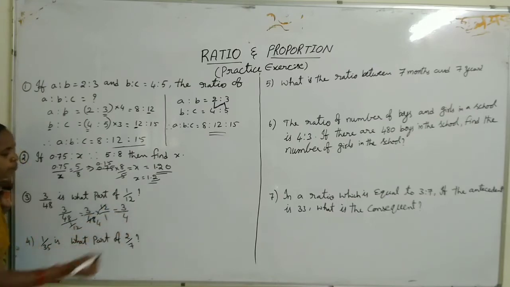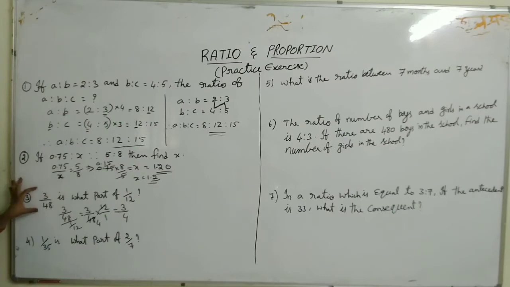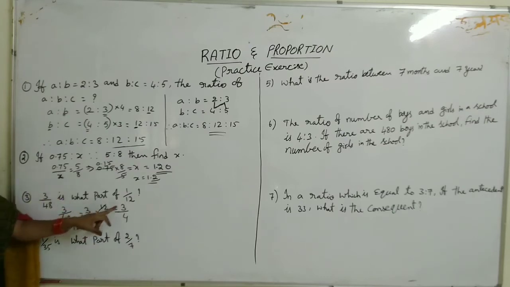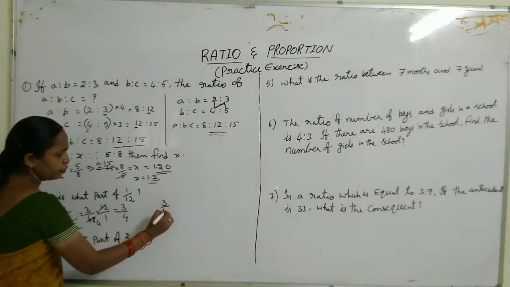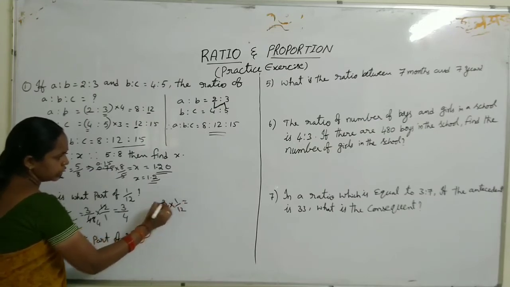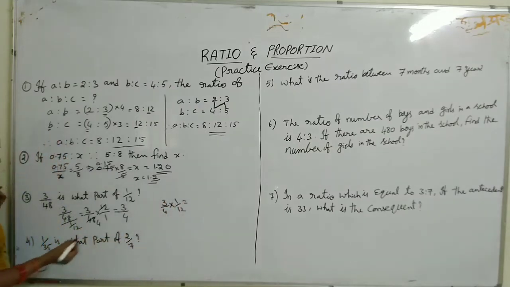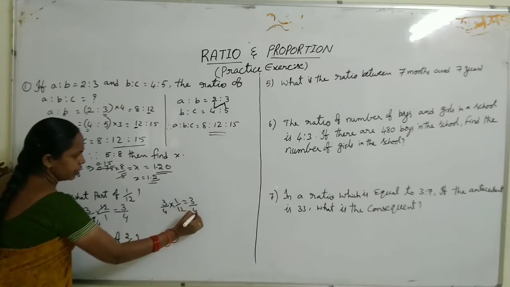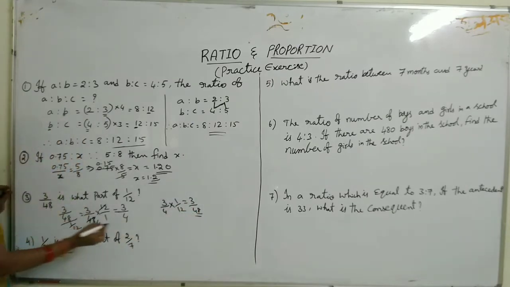So 3 by 4. That means 3 by 48 is the 3 by 4th part of 1 by 12. For example, 3 by 4th part of means 3 by 4 into 1 by 12, that is 3 ones, 3 by 48. Okay?